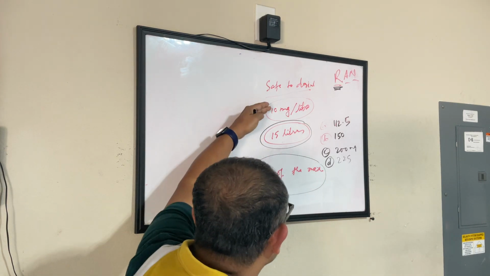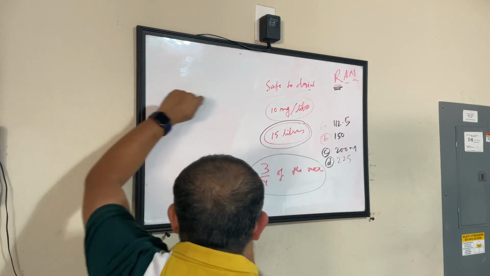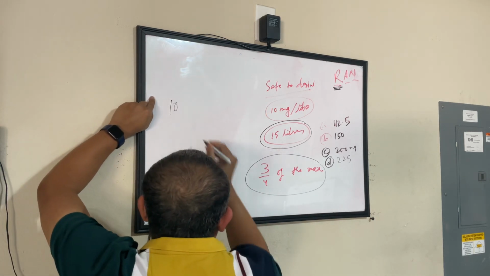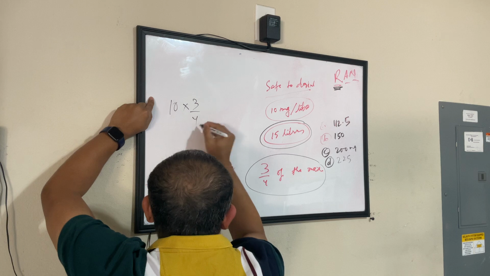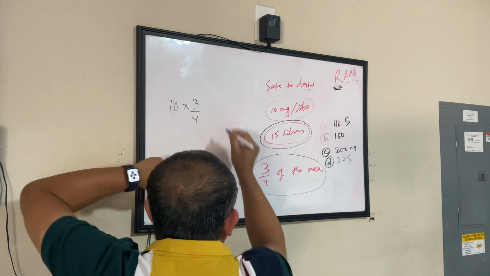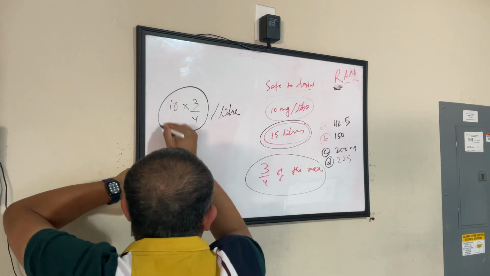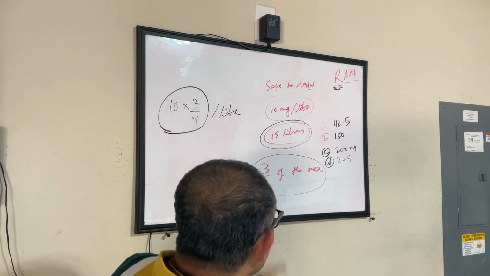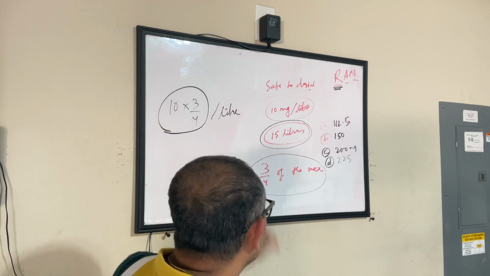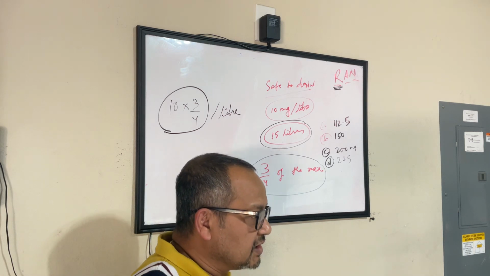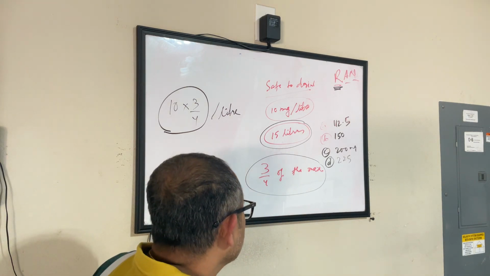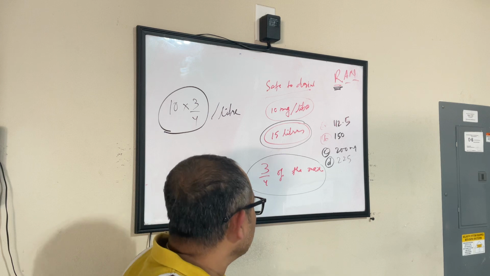So instead of finding 10 milligrams per liter, they found 3/4 of 10 milligrams per liter. So this was the amount of nitrate they found per liter. Now if they have 15 liters, multiply that by 15. If they took 20 liters, multiply that by 20. So that is one approach, and like what Vishal did, he said, okay, fine.